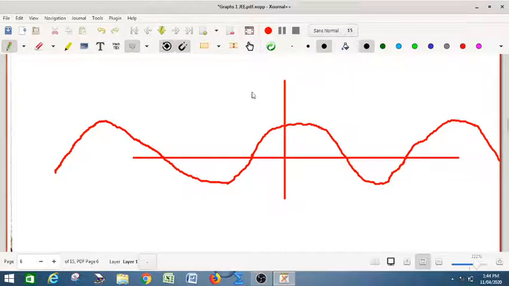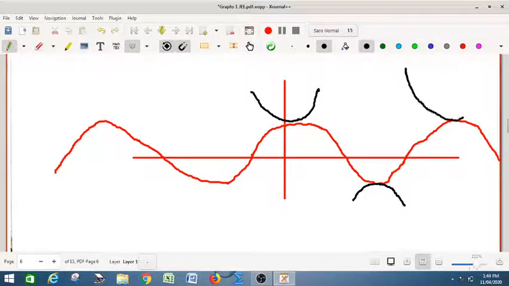For sec x this will be the branch on the upper part, and on the lower part these are the branches of sec x. That is why the graph looks like this. There are several branches of sec x. So this is how to draw sec x.